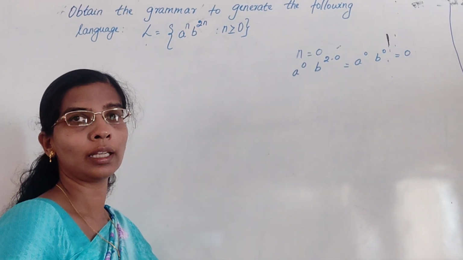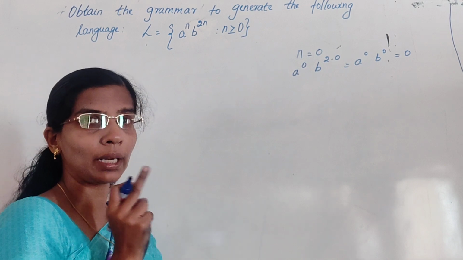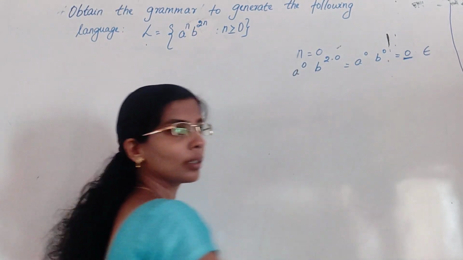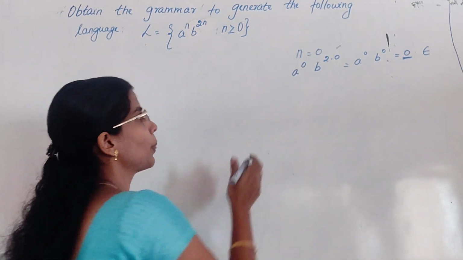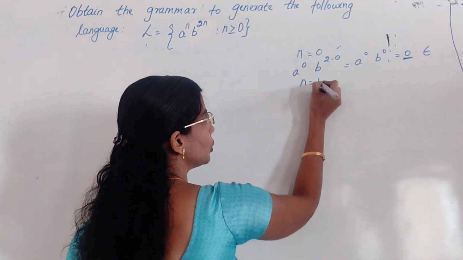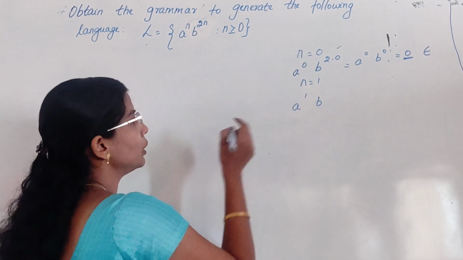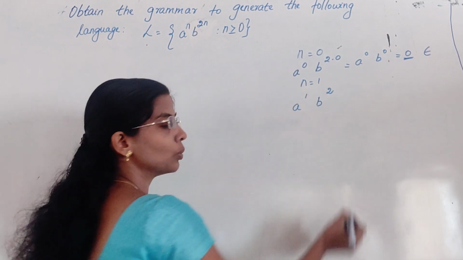Right? Epsilon. So, in this grammar, I need what? I need epsilon, because 0 is coming. Right? I need epsilon. And next, n is equal to 1. A^1 B^(2 into 1), that is nothing but 2.